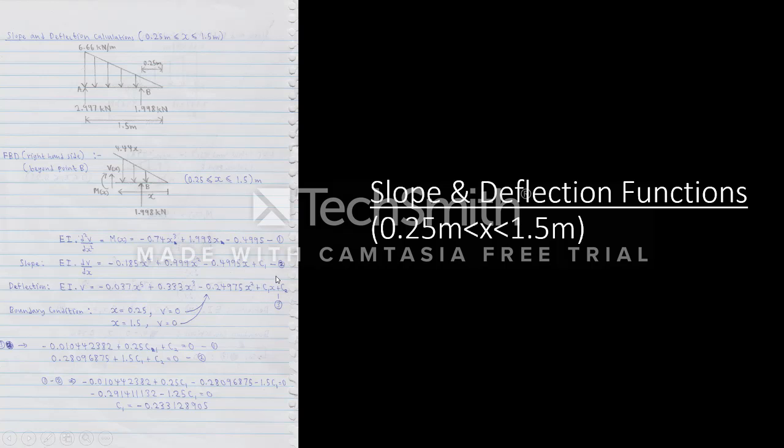But these equations have the constants C1 and C2 in them, so I had to take the boundary conditions and found out the values of C1, which is this, and C2, which is this. Thereafter, I obtained the complete function of the slope and deflection equation for that particular range.